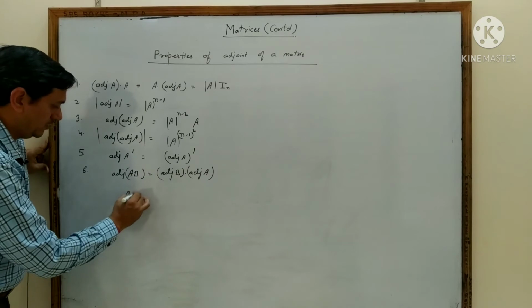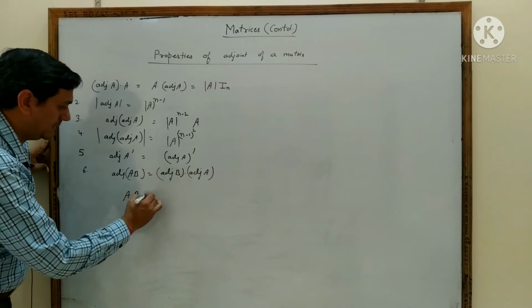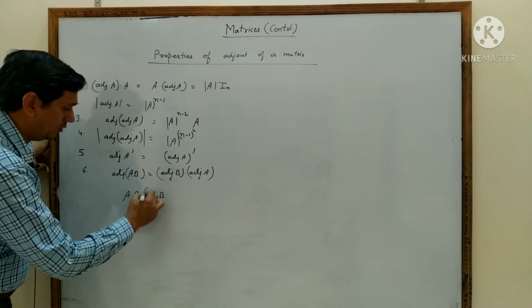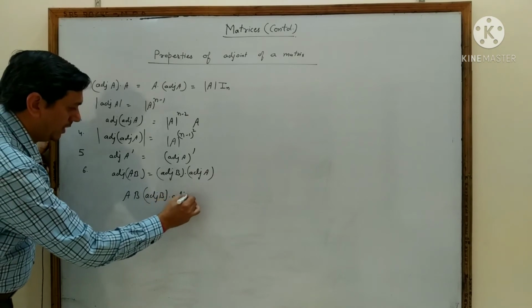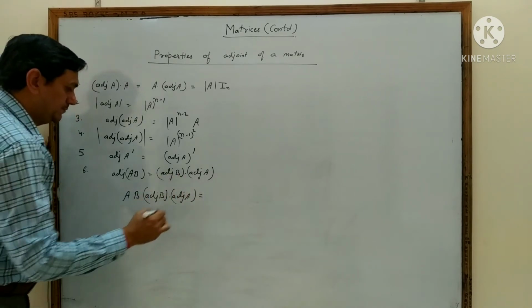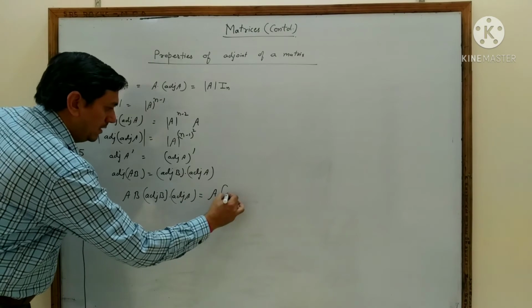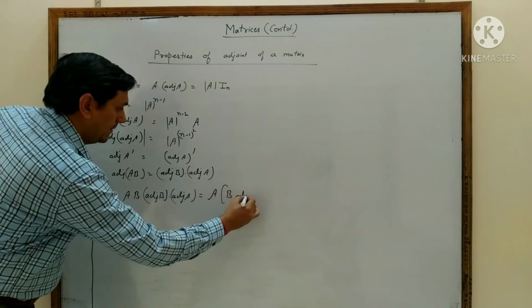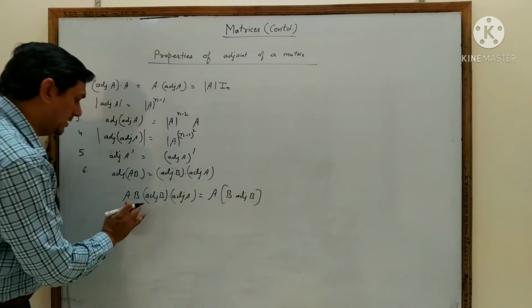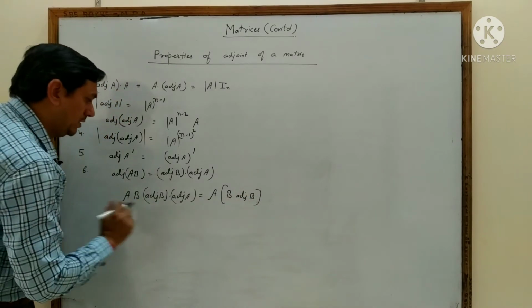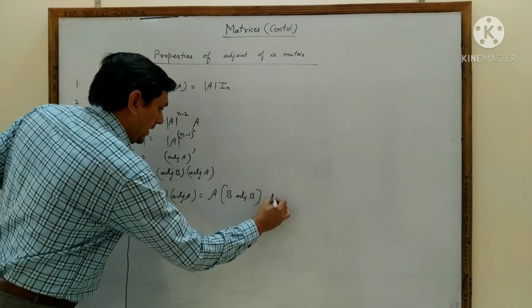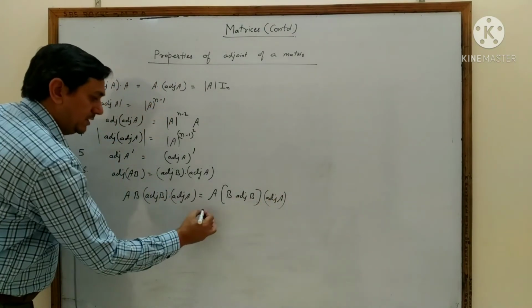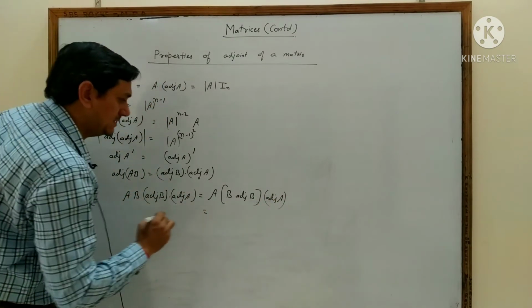First of all, we consider AB multiplied by adjoint of B into adjoint of A, which is equal to A by associativity of the product of matrices. We can consider B multiplied by adjoint of B at first, and then we shall multiply the other matrices.